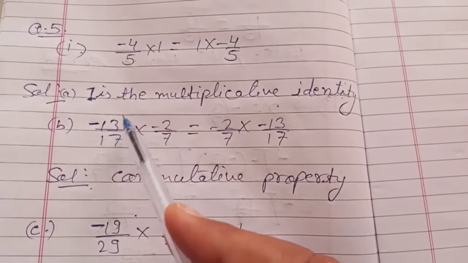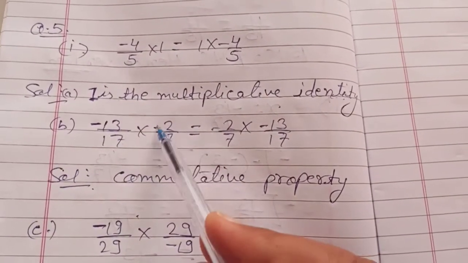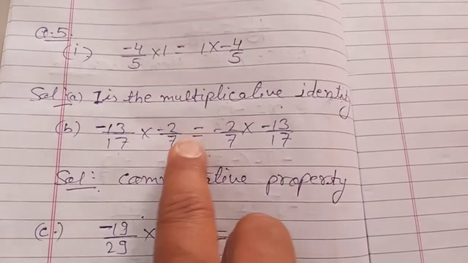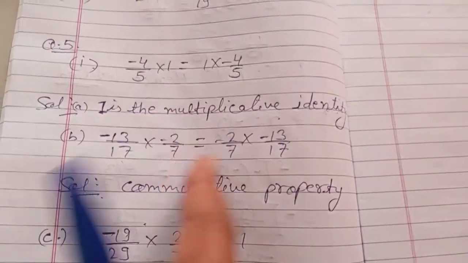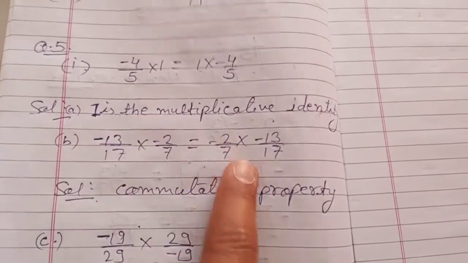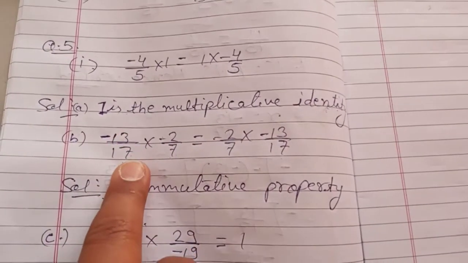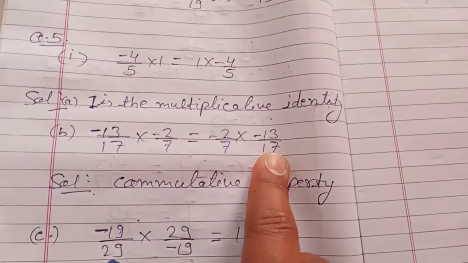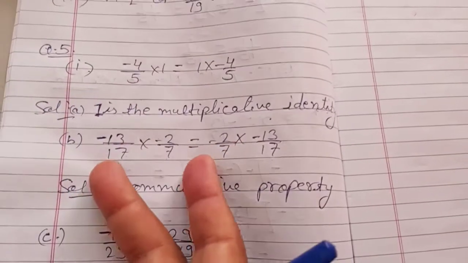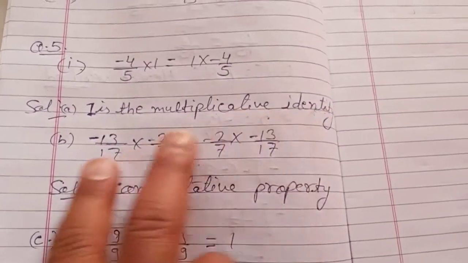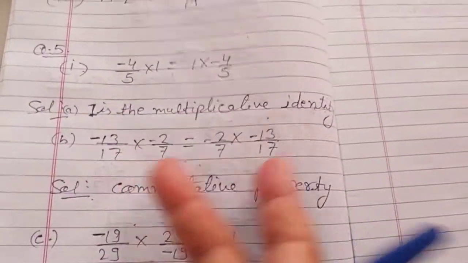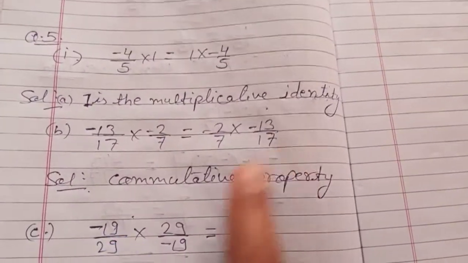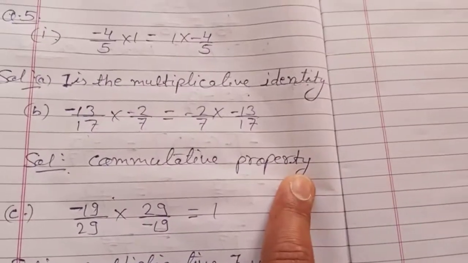On the LHS you have minus 13 upon 17 and then 2 upon 7, but on the RHS you have 2 upon 7 at the beginning and minus 13 upon 17 at the end. So I have reversed the numbers. When you see the reversing order, this kind of property is said to be the commutative property.